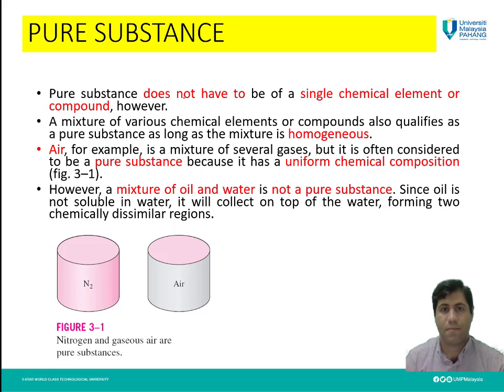These pure substances, however, do not always have to be of a single chemical element or compound. It can be a mixture of different elements. A mixture of various chemical elements or compounds also qualifies as a pure substance as long as the mixture is homogeneous.